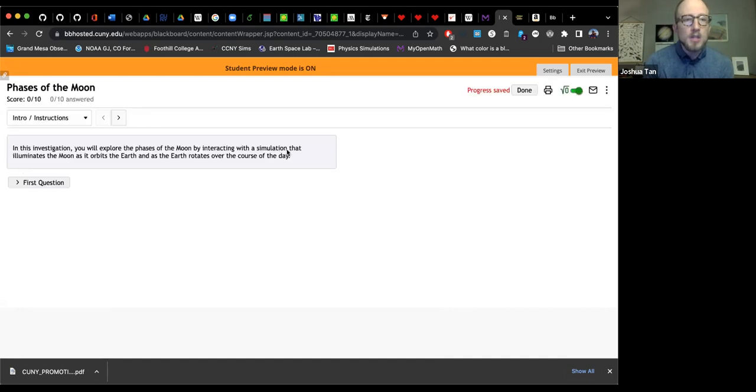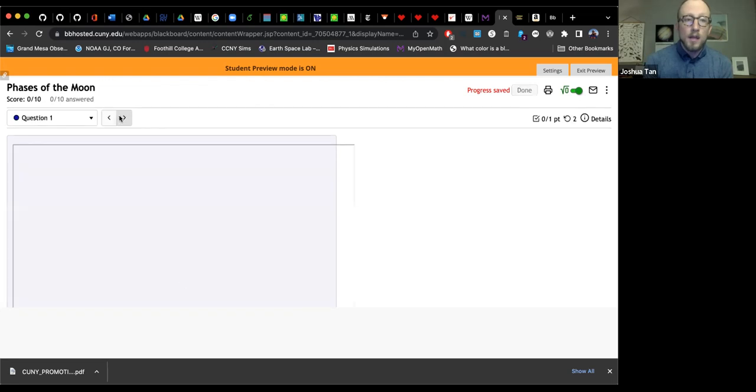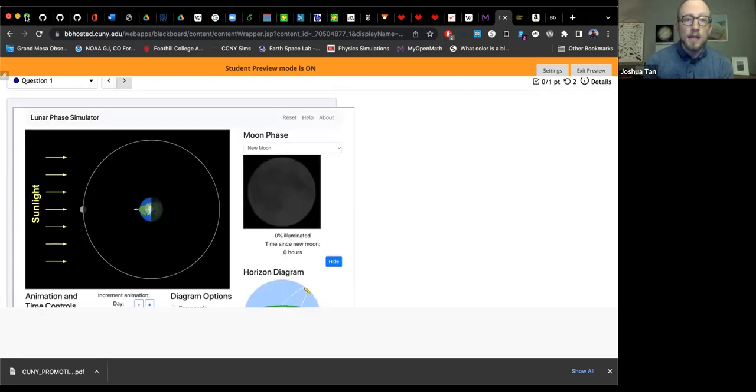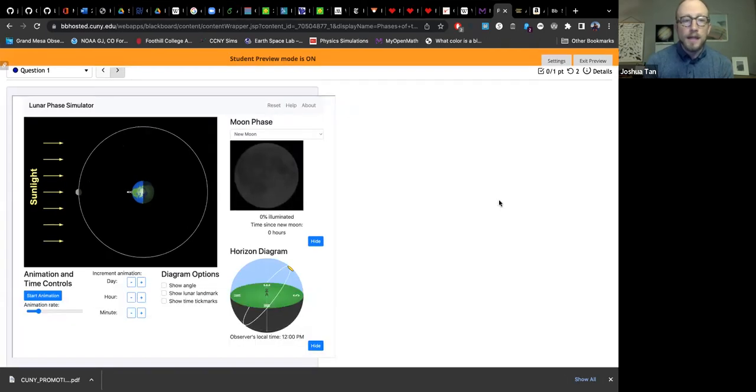But if I click on Start here, you can see that there's some instructions that we're going to be simulating the moon as it orbits around the Earth and the Earth as it rotates over the course of the day. And to do this, we have some really clever software that's going to run. Let's see what this software looks like. Here it is.